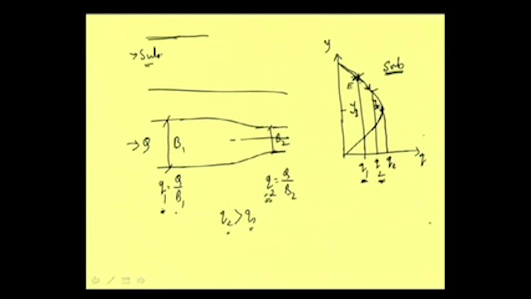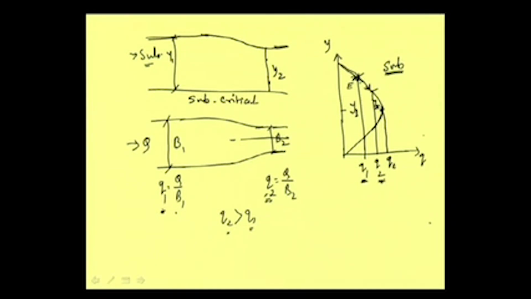So, if our flow depth here is Y1, at this section the depth will be reducing like that, as a smooth curve. This depth will be Y2, and that sort of situation we will get when we contract this channel, and this is for subcritical flow.